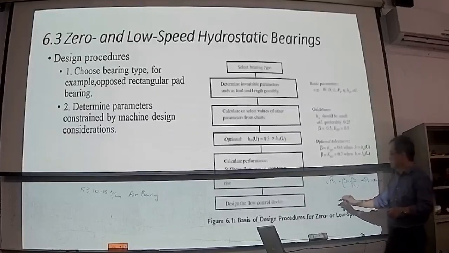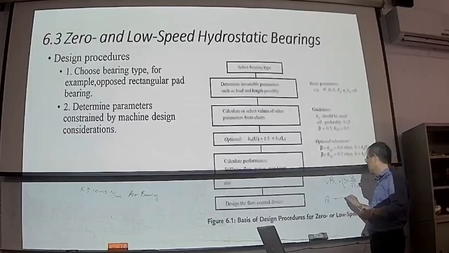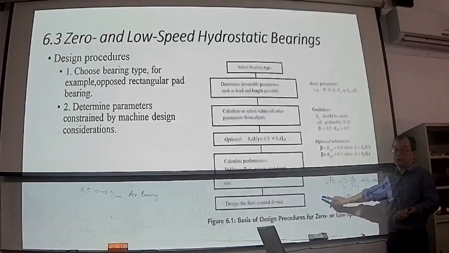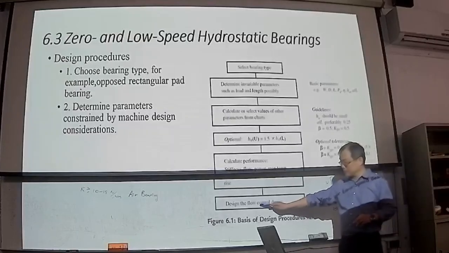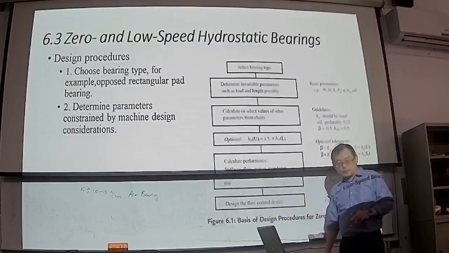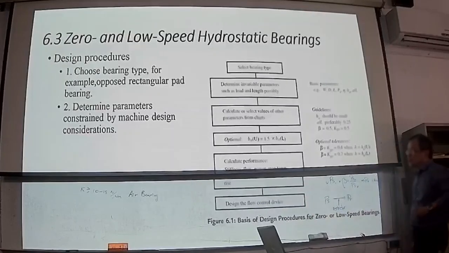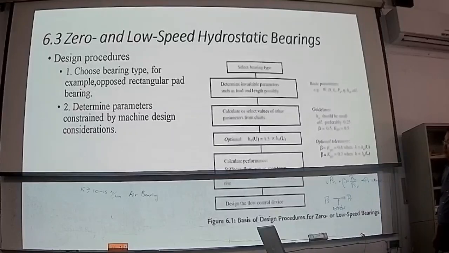So then we need to design our restrictor so that you can regulate your supply pressure and change it to the PR. So the final step is to design your flow restrictor, your flow control device.